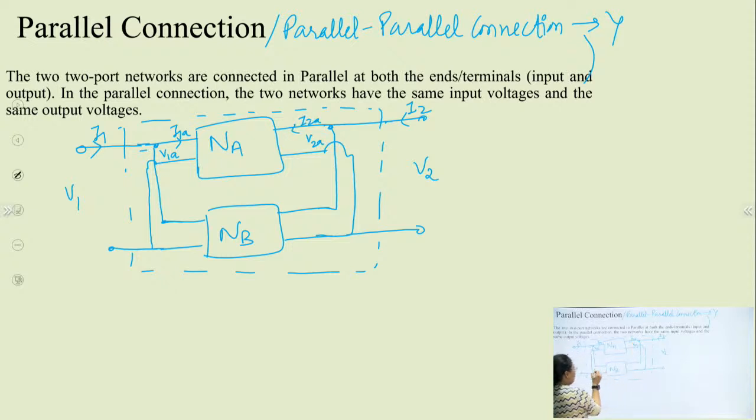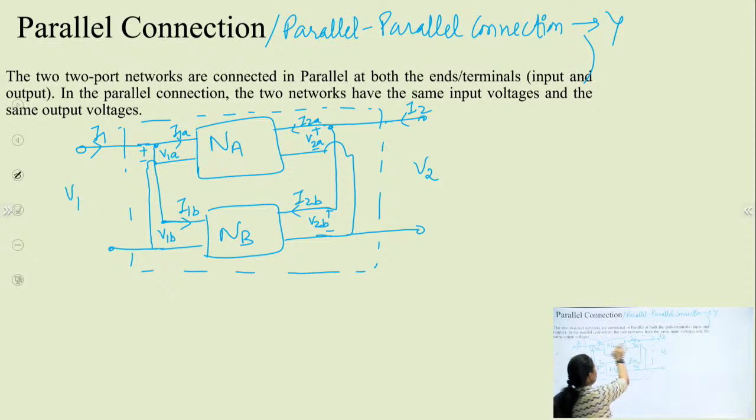For this one it is V1B and this is I1B. Okay, and this is V2B and the current here is I2B. Now this is the connection, right?